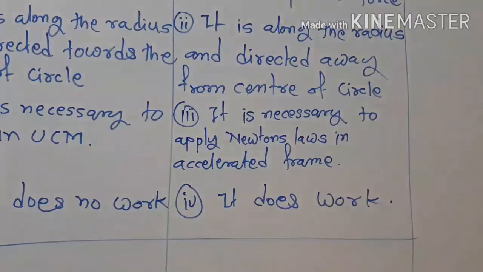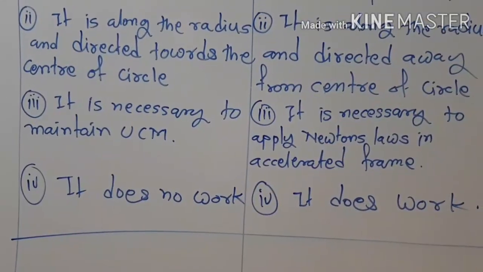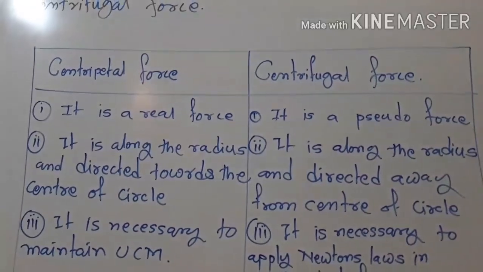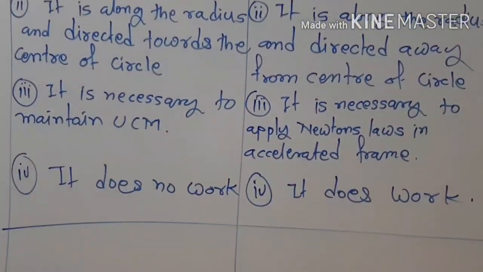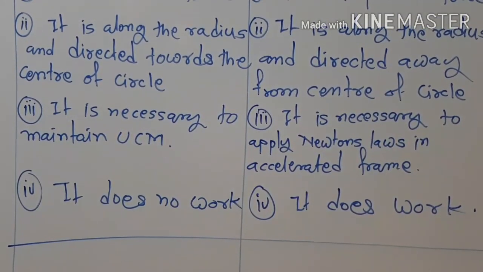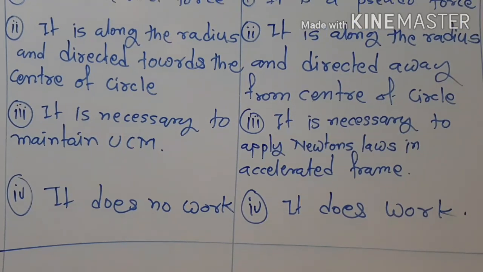So the answer to distinguish between centripetal and centrifugal force is expressed in terms of the four points shown in this table. So up to this point we completed the main point, dynamics of circular motion.